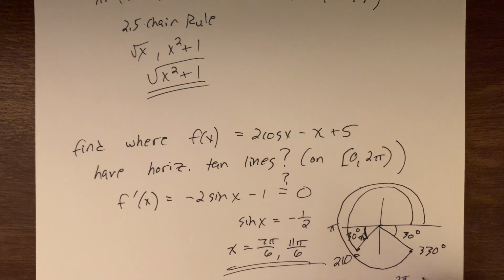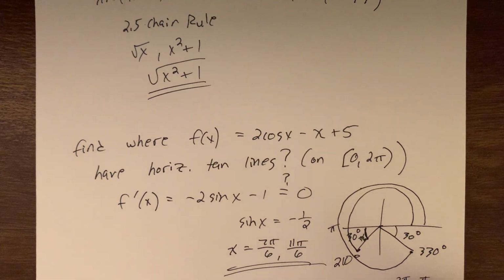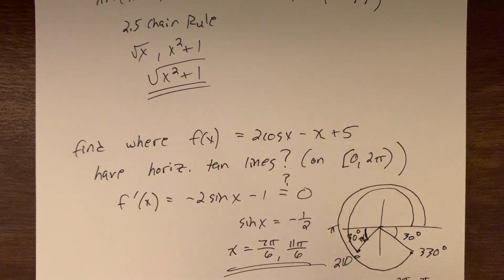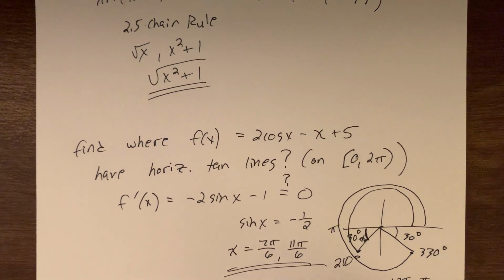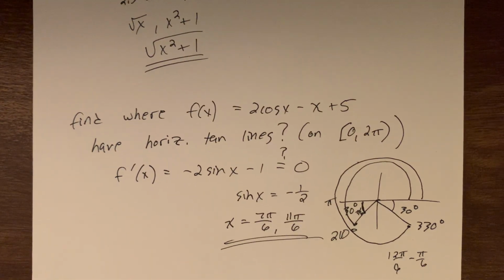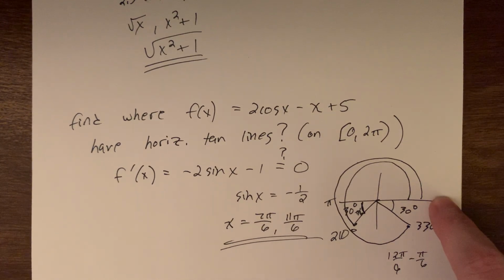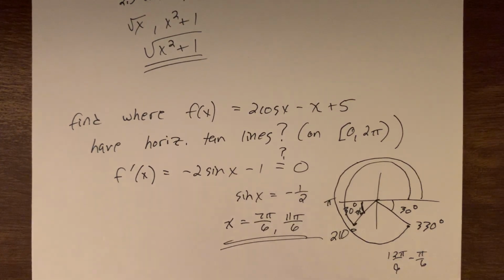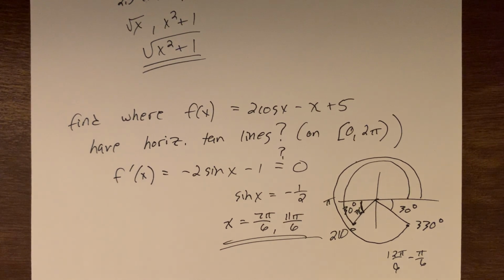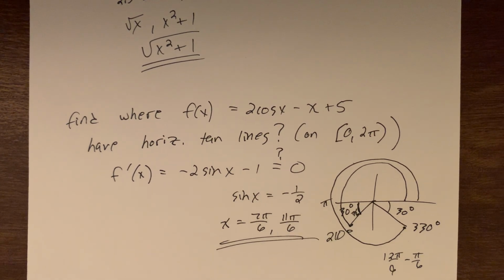So 2 pi minus pi over 6, make that 2 pi over 1, get a common denominator, and there's your 11 pi over 6. So the same thinking you're doing with degrees, 30 degrees short of 360 is 330, you can just do that thinking with radians right off the bat. Some of us don't have as much practice with radians, so again, degrees is a little more natural and I completely understand, but it's not bad to get practice with the radians.